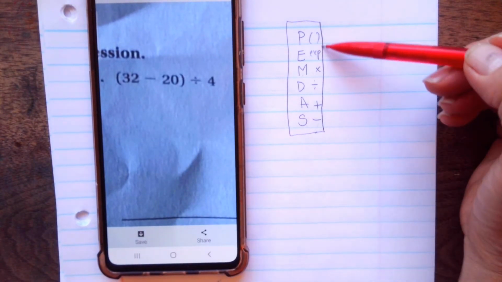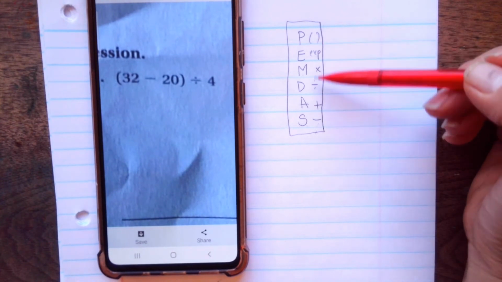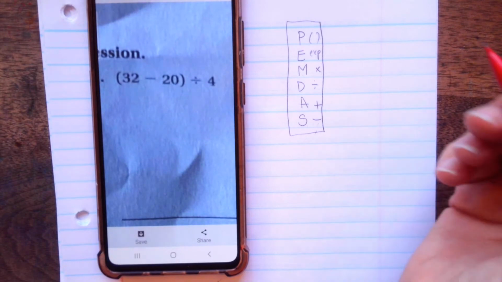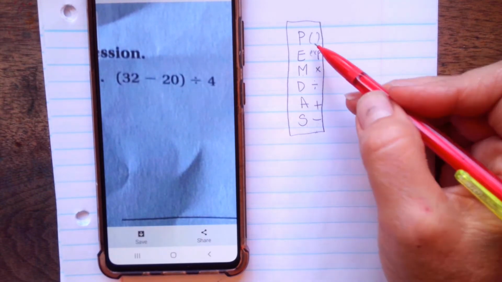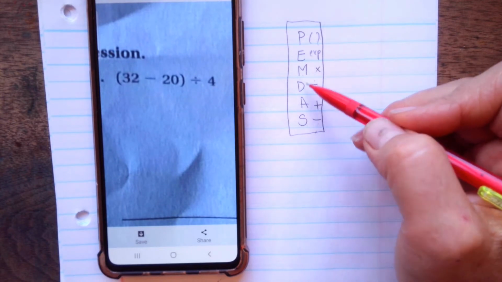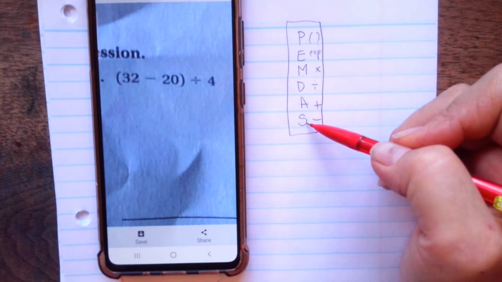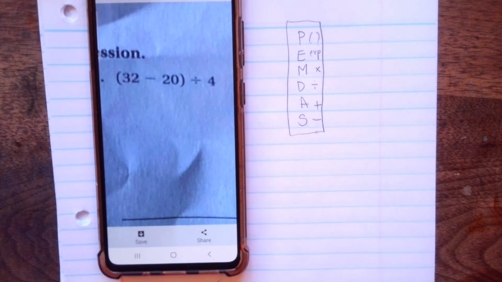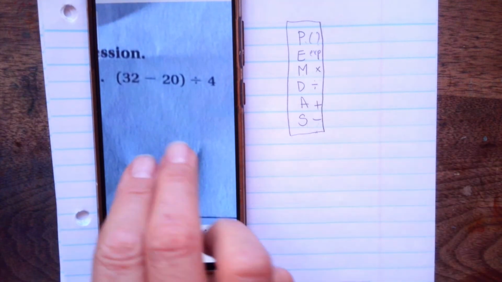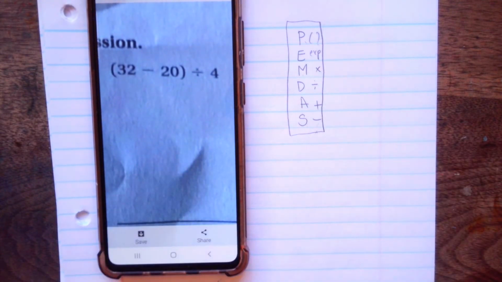On my chart here, what comes first, parentheses or division? Division? So look at my chart right here. Parentheses, exponents, multiplication, division, addition, and subtraction.